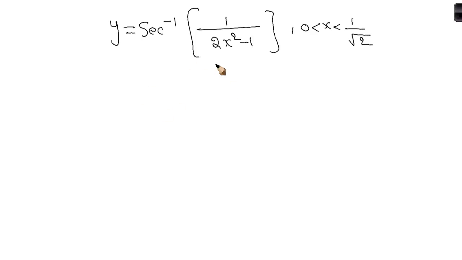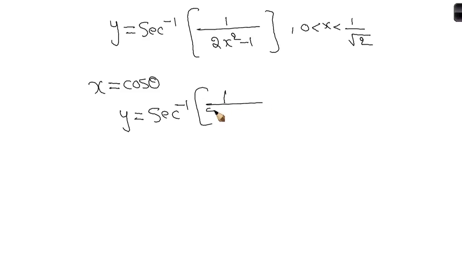So I know 2 cos square theta minus 1 is cos 2 theta, and 1 by cos is secant, so secant inverse and secant will cancel. So I shall replace x with cos theta. You get y is equal to secant inverse of 1 by (2 cos square theta minus 1).